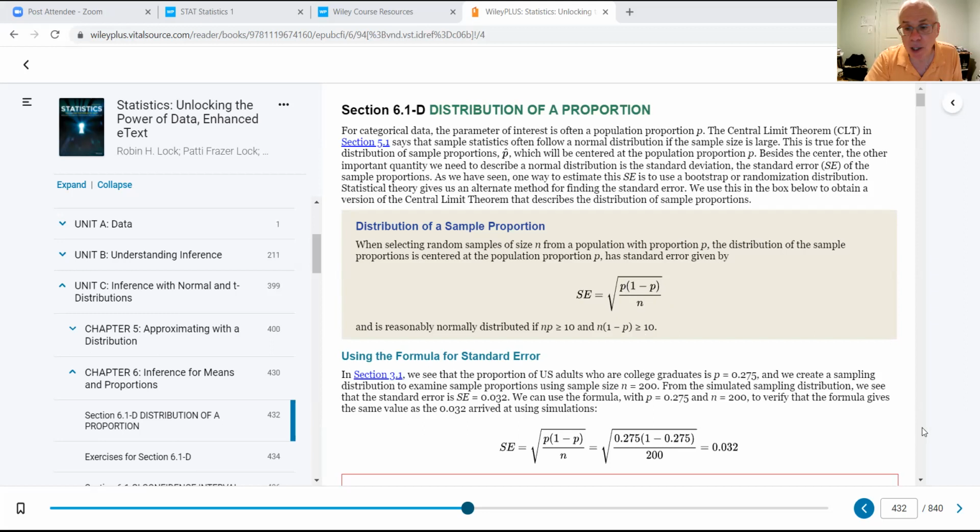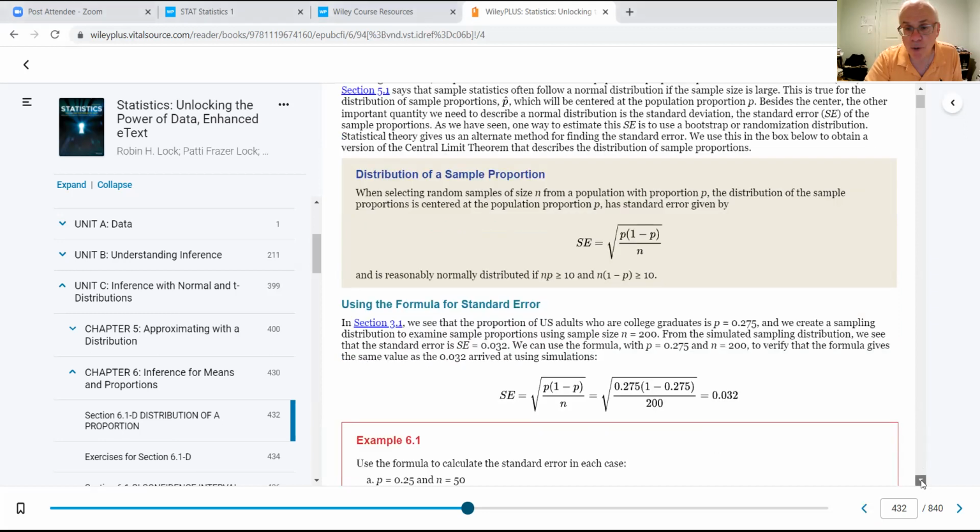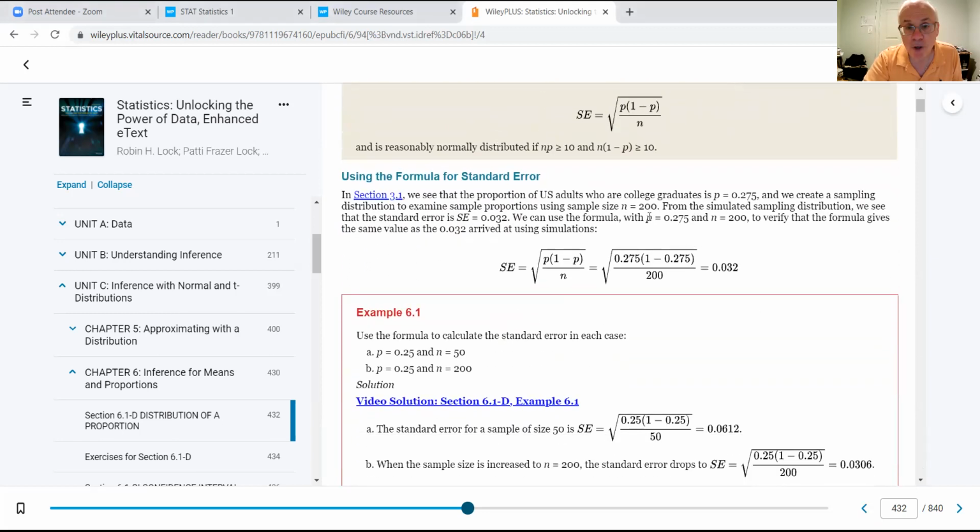Now, for example, in the example that we've seen quite a few times, we know that the proportion of US adults who are college graduates is 0.275. In other words, we know the population proportion, and we're creating a sampling distribution of sample proportions with sample size 200. So every sample has 200 people in it, and we ask them, are you a college graduate or not?